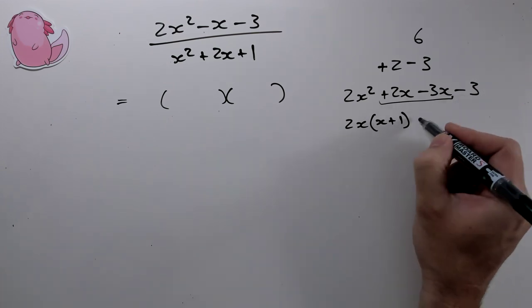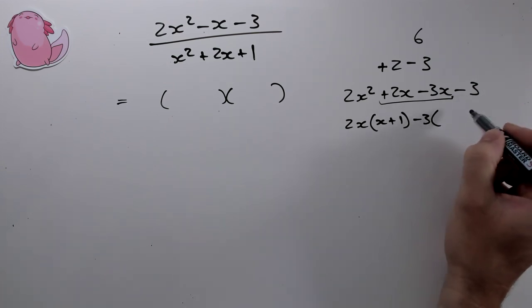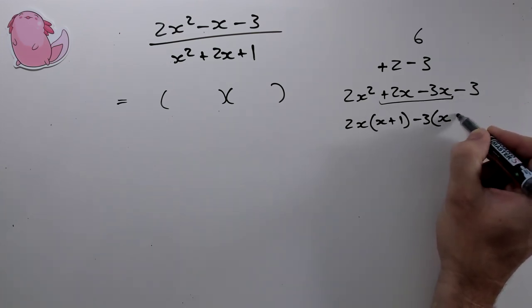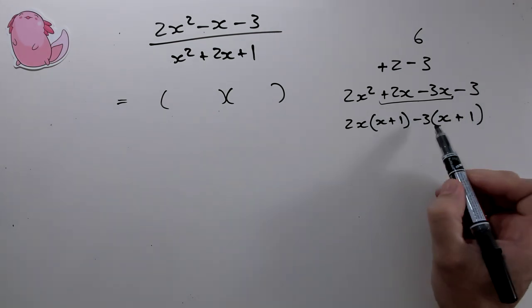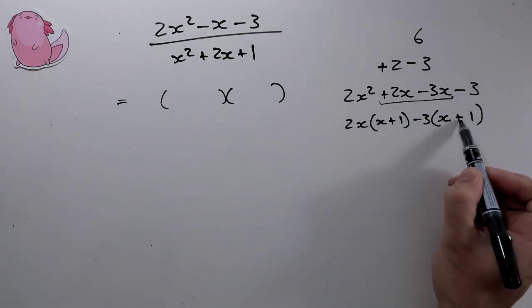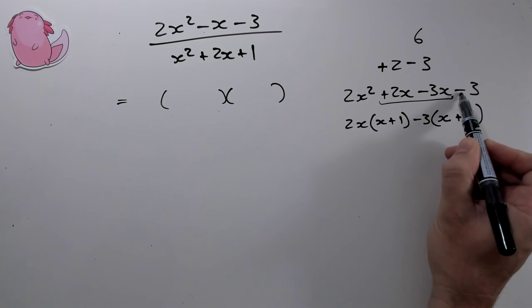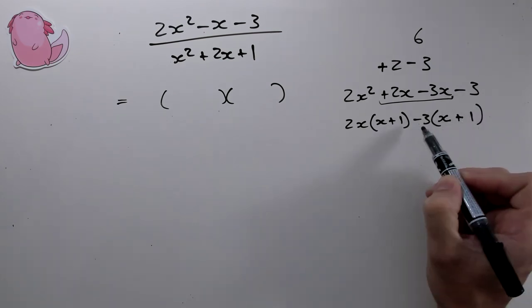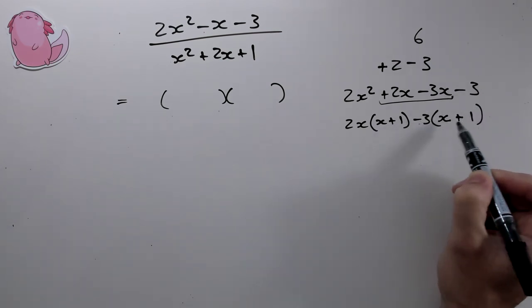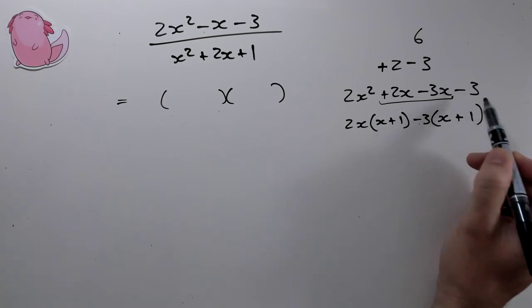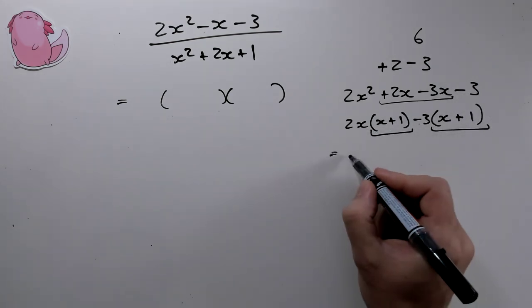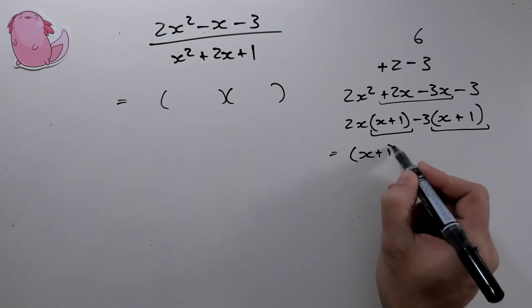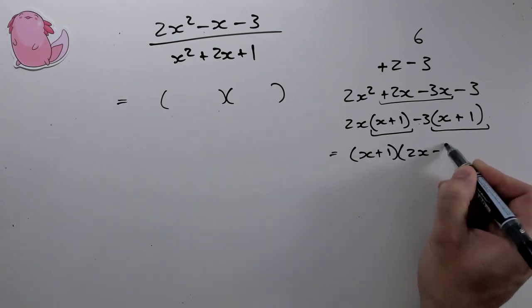And there I can factor out a negative 3, and I'd be left with x plus 1. Why is that a plus? Because negative 3 times plus 1 would give me negative 3. If I made this a negative as well, then negative 3 times negative 1 would give me a plus 3, and that wouldn't work. And luckily for me, I got some brackets that are in common, and then this would be 2x minus 3.